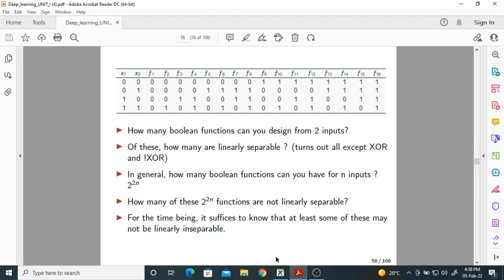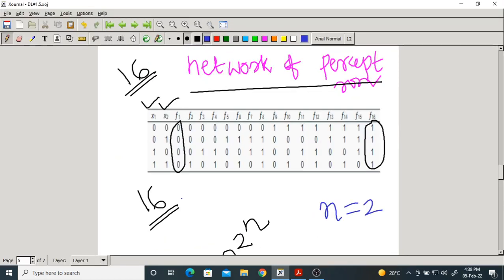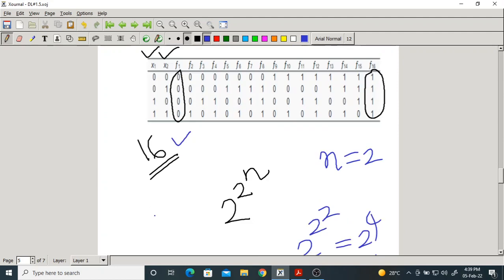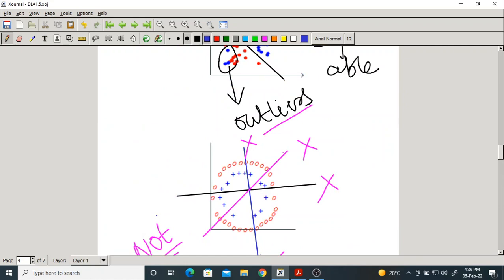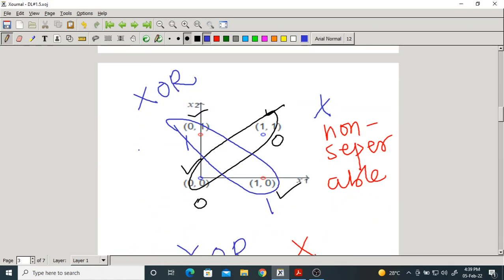Now among the 16, how many are linearly separable? That is the question. You can verify how many are linearly separable and how many are not. Obviously, we know from what we derived just now that XOR and XNOR are not linearly separable.